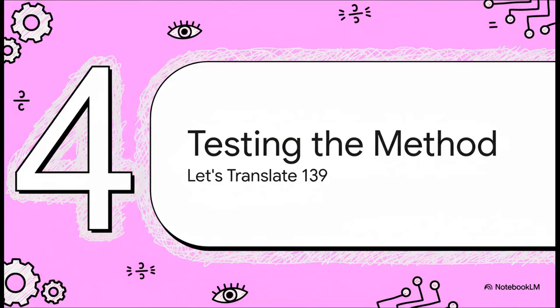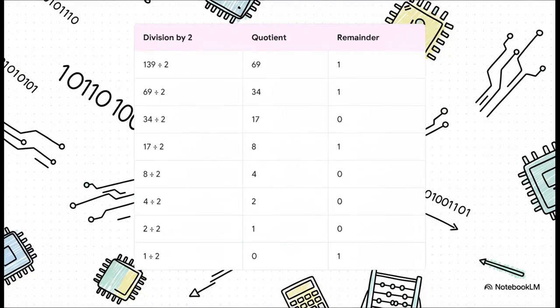Okay, I know. That one was pretty clean with all those zeros, so let's try a number that's a little messier, just to prove this method is the real deal and works for anything. Let's go ahead and tackle the number 139. We're going to apply the exact same steps. 139 divided by 2 is 69, with a remainder of 1.